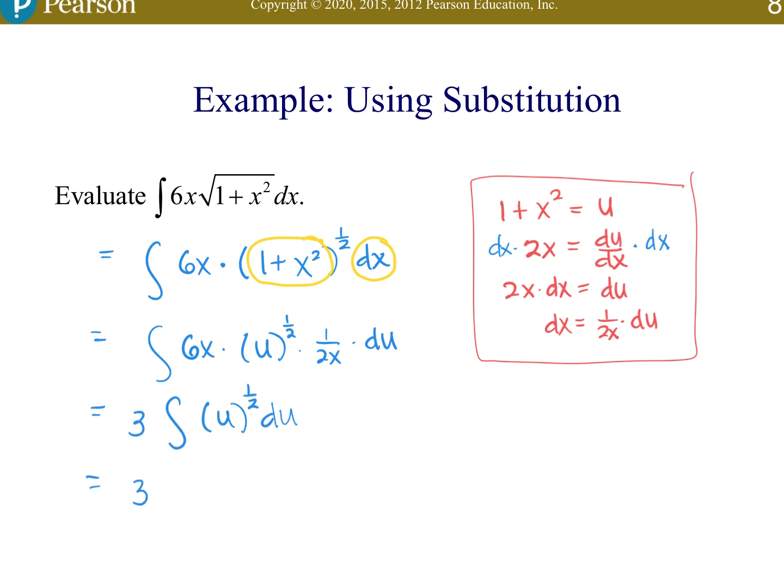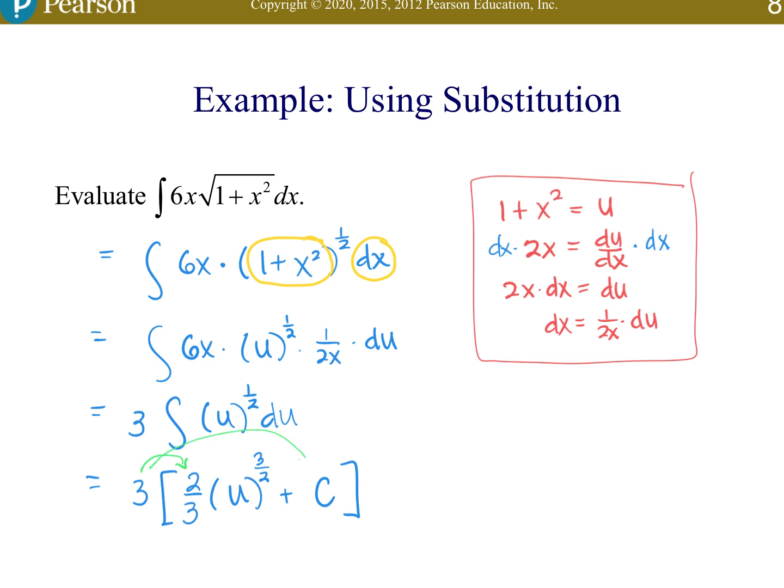So then I can go to my antiderivative. So 3 times the antiderivative. U is now going to be to the positive 3/2 times the quotient times the reciprocal 2/3 plus c. Thinking about my distributing, when I distribute the 3 in to the first quantity, I'll be left with the number 2.